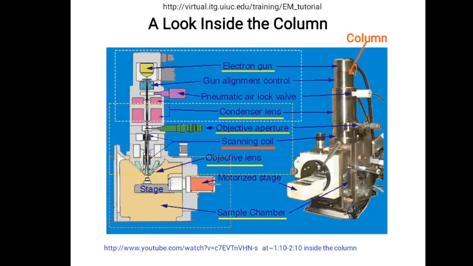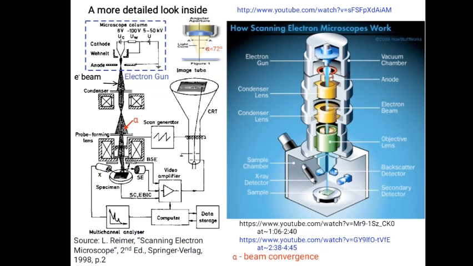These are the construction. Next, if you see, the main components are the source or gun, condenser lens, electron magnetic lens, then electron detectors, also the sample chamber and computer display.